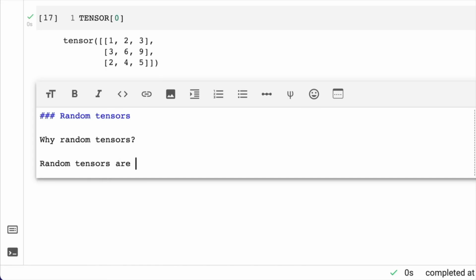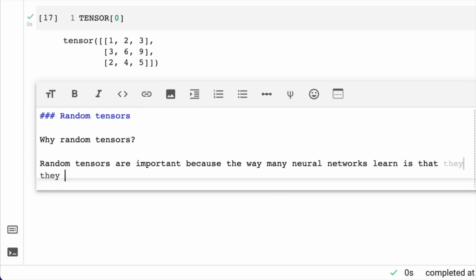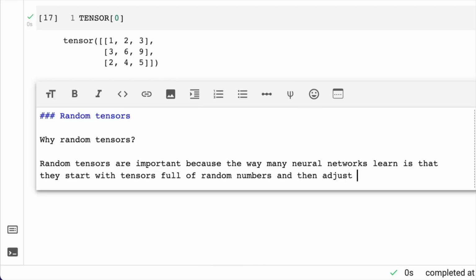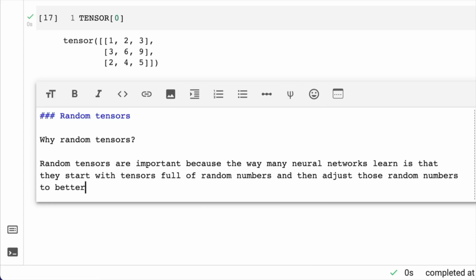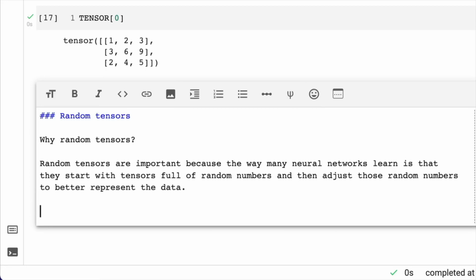Random tensors are important because the way many neural networks learn is that they start with tensors full of random numbers and then adjust those random numbers to better represent the data. So seriously, this is one of the big concepts of neural networks.